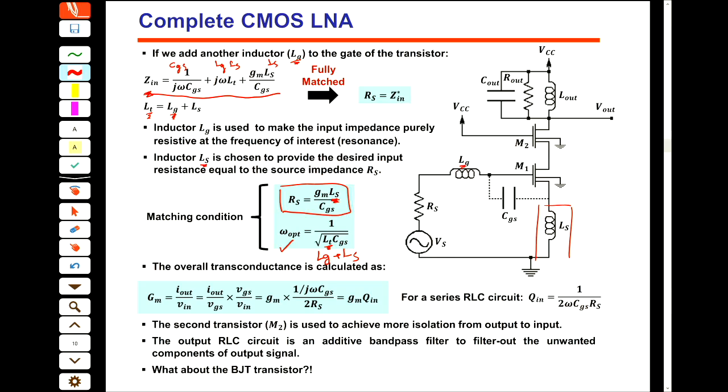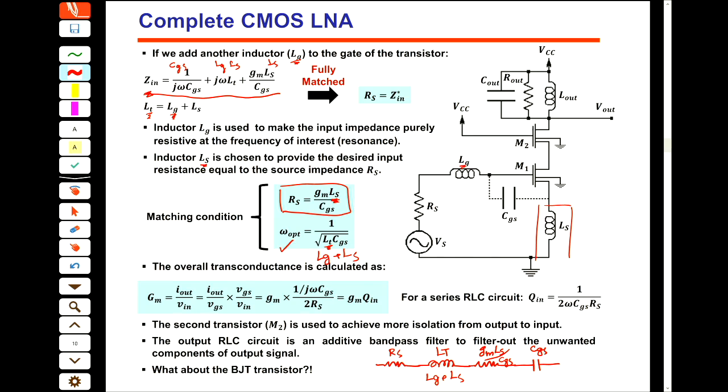So if you just draw this part of the circuit, you see that we have an RS, we have an L total, and this L total is LG plus LS. We have a GM LS divided by CGS, and then we have a capacitor CGS.